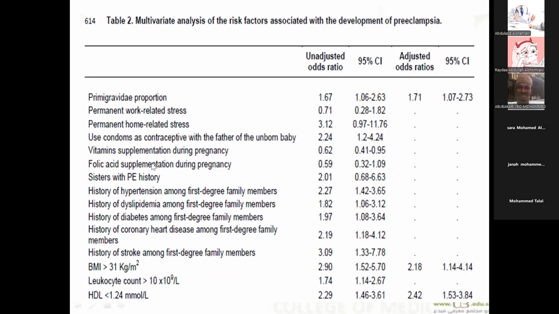You can see some of the variables we measured. This is table 2 from a research on multivariate analysis of the risk factors associated with development of preeclampsia. And after adjustment, okay, you can see how the odds ratios have become. And this is the 95% confidence interval for each of the values after adjustment.